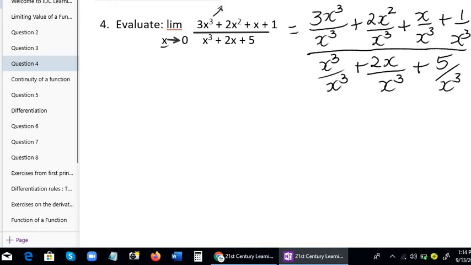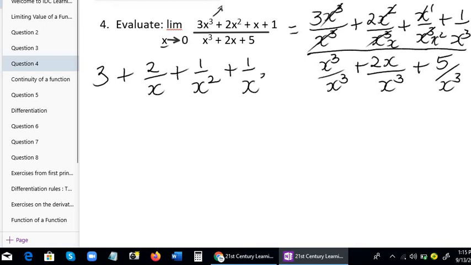So x cubed cancels x cubed, so let me bring down 3 plus. We remove x squared from here, I'll be left with x, so we'll have 2 over x plus 1 over x squared, then plus the last one, 1 over x cubed.